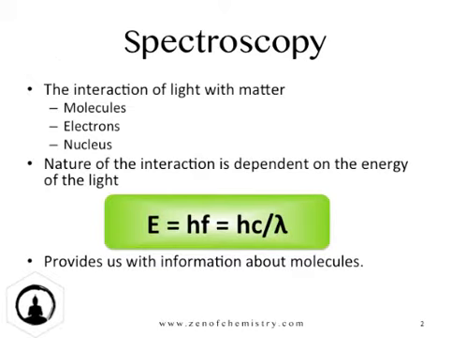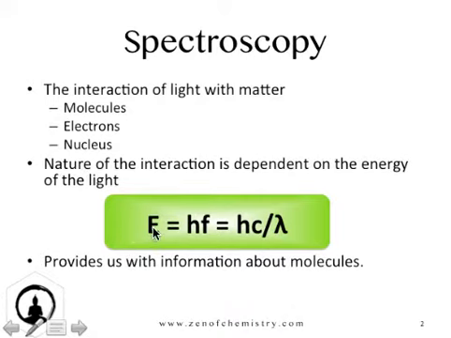It is the interaction of light with matter. So that light can affect either the molecules, the electrons, or the nucleus. The nature of the interaction is dependent on the energy of light. If we look at this equation here, I've popped this mostly here for the physics students.